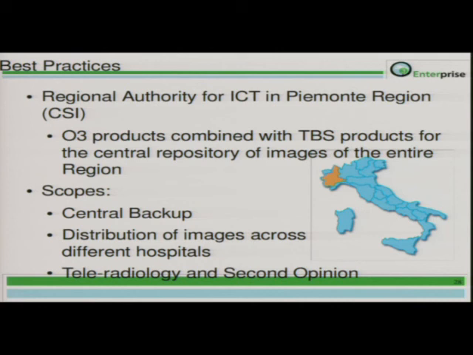There are more or less 20 or 25 hospitals in the region, and we are integrating them to have a central backup, a central repository of images for disaster recovery purposes, and to distribute the images across the hospitals, so no matter in which hospital the patient goes, the radiologist, or the specialist in general, can access all the images of the patient, all the patient's history, and for teleradiology and second opinion purposes.